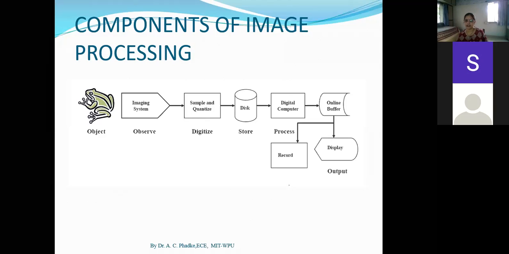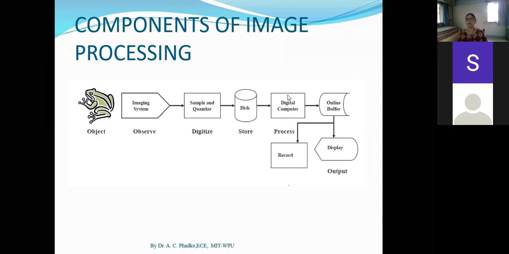Once the image is processed by algorithms implemented with the help of the digital computer, the processed images are either transmitted to some application using some online buffer, or you can display the images on some monitor or high resolution displays.